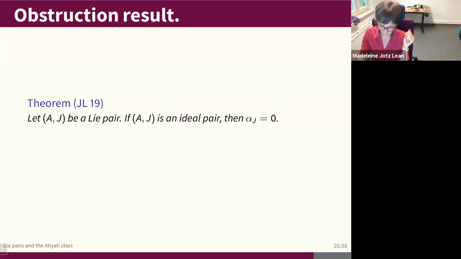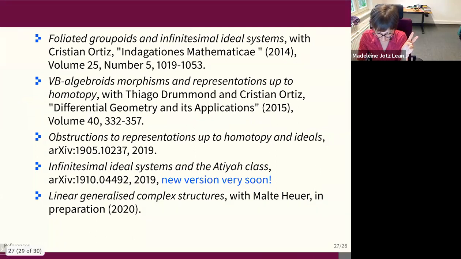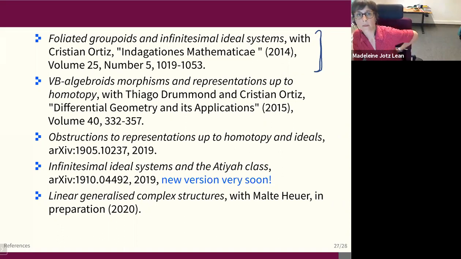Okay, so that's where I stopped, but if you're interested in more examples, I can tell you anytime about principal foliations. I just give you a couple of references if you're interested in infinitesimal ideal systems and so on. So that's where we find them, Christian Ortiz and I, as the infinitesimal description of foliations. Actually, I should add a reference. I forgot that.